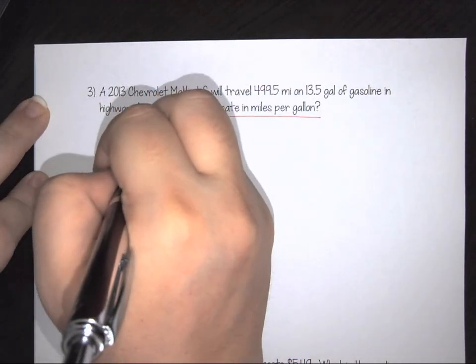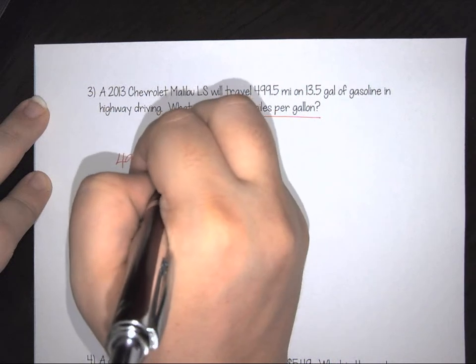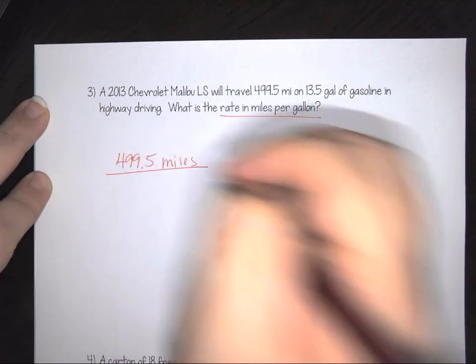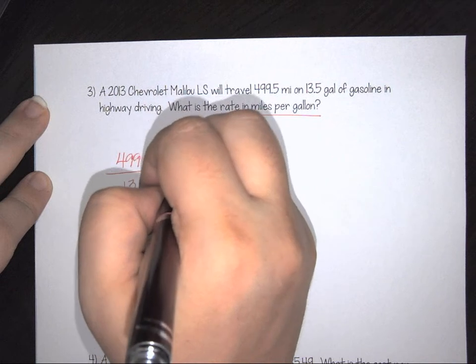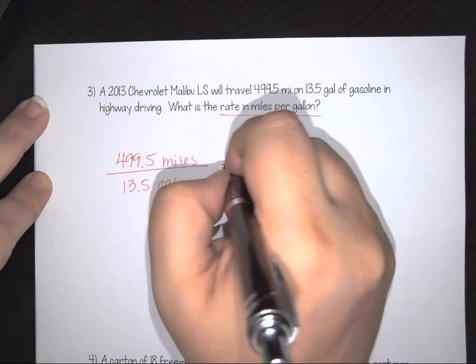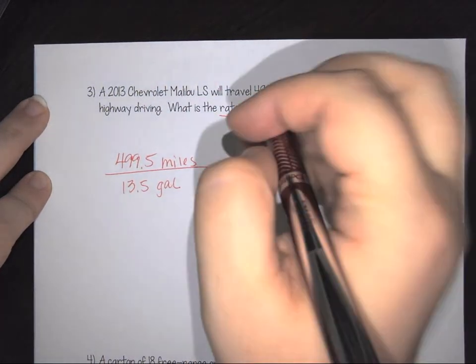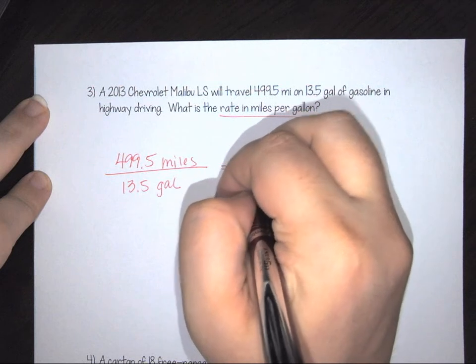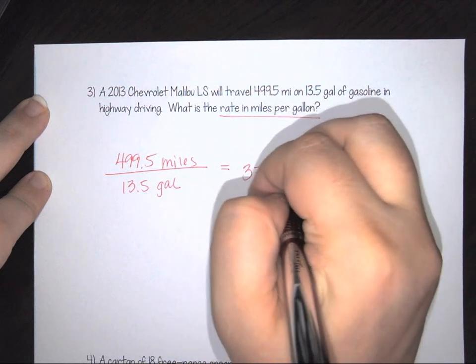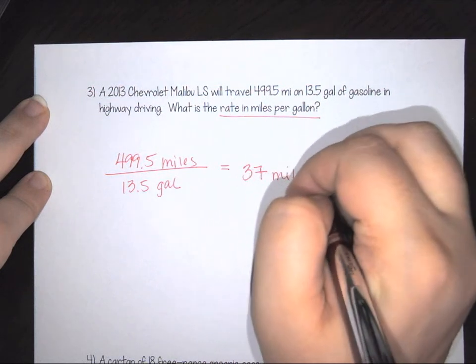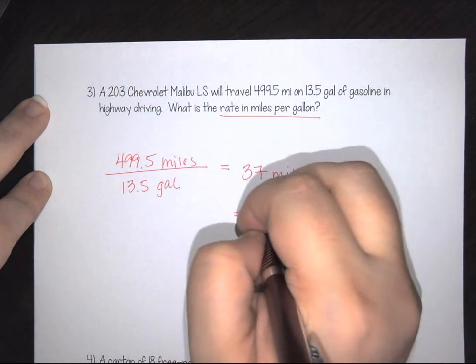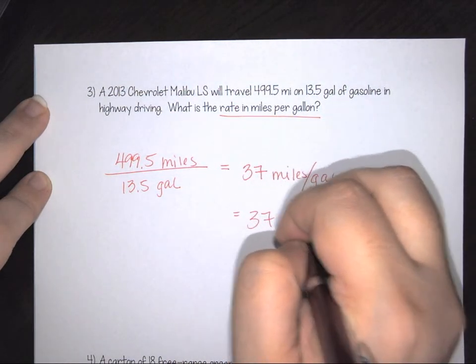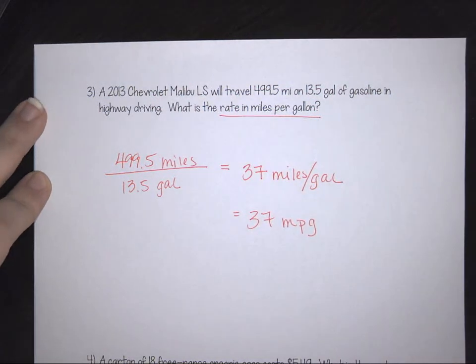So my rate is going to be 499.5 miles to my 13.5 gallons. So I actually want to just go ahead and divide that out. We're going to end up with 37 miles per gallon, which is also more classically written as 37 miles per gallon, or MPG. Okay.